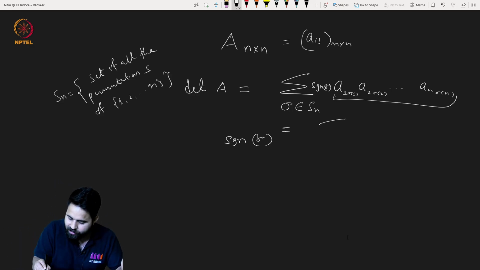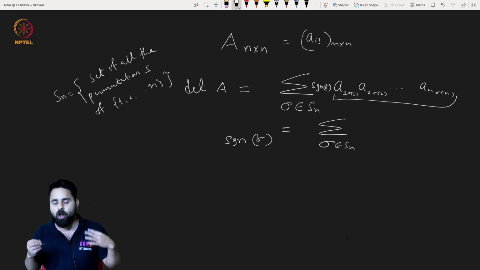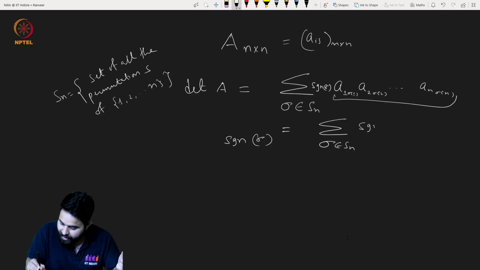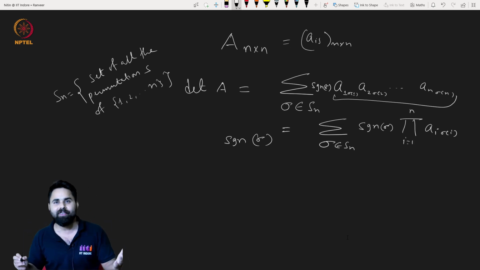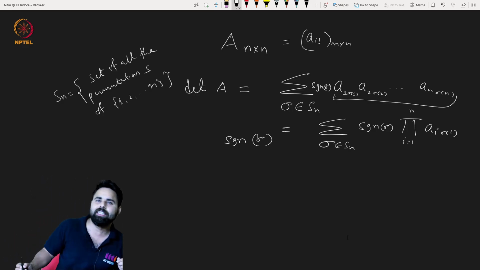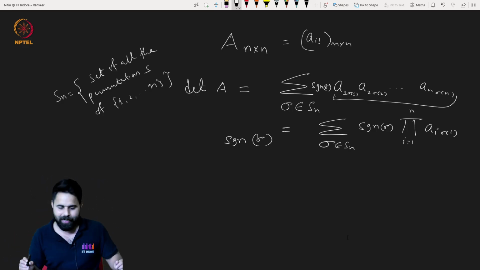Before that, let me write it in a sorted form: the summation over all permutations, then the sign of sigma, then the product of a_i,sigma(i) from i equal to 1 to n. This was the definition. Of course, we have used the Laplace expansion, and these are all equivalent. This is the same as the Laplace expansion if you open it.